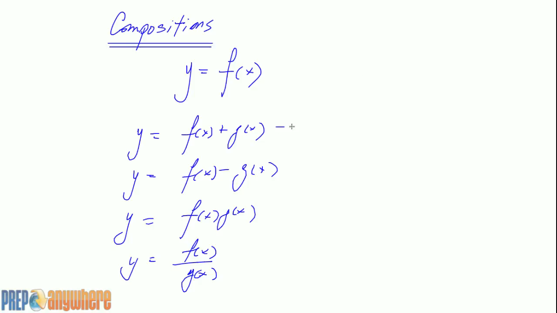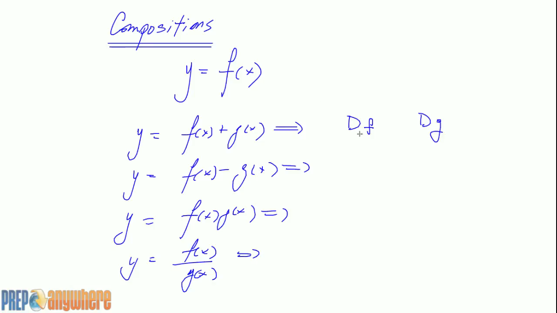Okay, so let me clarify the domain of these functions. Let's say the domain of the function f is df, and the domain of the function g is dg. What do you think the domain of this entire new sum function will be? The word domain means valid inputs.